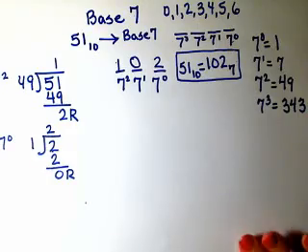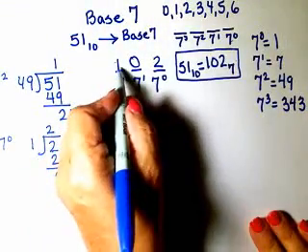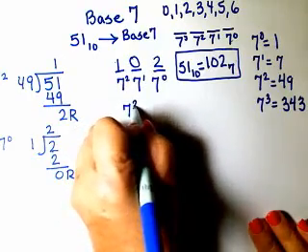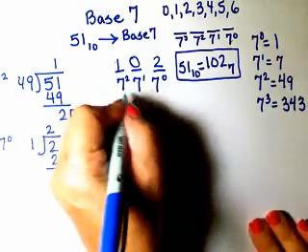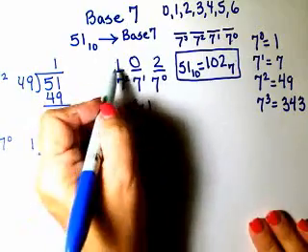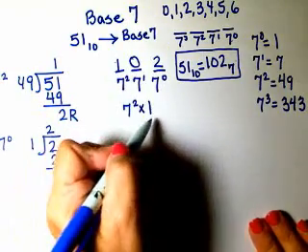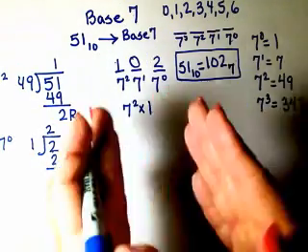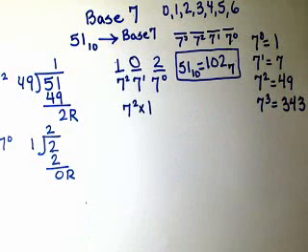Now, let's double check that and change it back to base 10 and see if I get the same thing. To change back to base 10, start out with the largest: 7 to the second times 1. Sometimes I write it 1 times 7 to the second. Just remember that multiplication is commutative, which means it doesn't matter which order I multiply in.